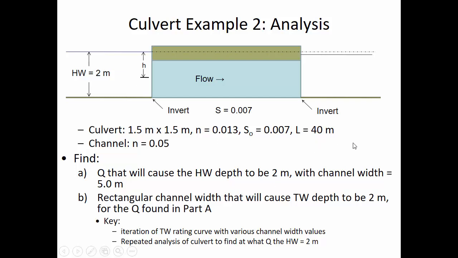And then the channel width downstream is 5 meters. And I think that this one is also a rectangular channel downstream. Oh wait, hold on. Channel width is 5. Okay, and then in part B, we're going to change the downstream channel to some different value besides 5 that will affect the tailwater. All right, so two different analyses here.